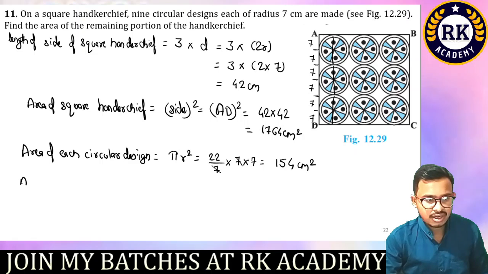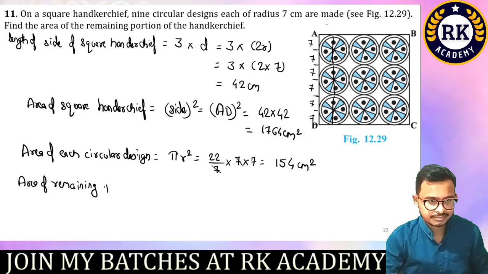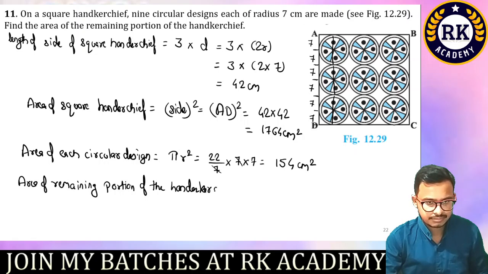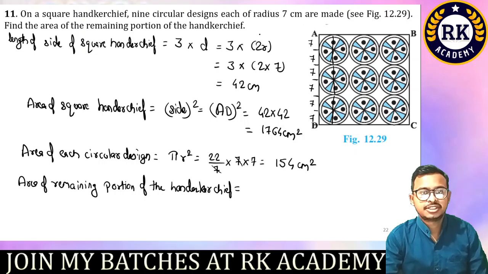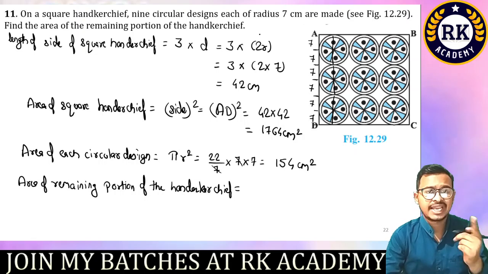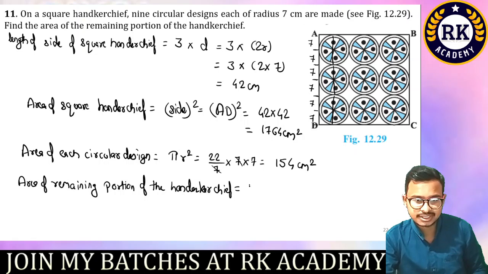Now let us say the area of the remaining portion of the handkerchief. So the leftover portion of the handkerchief means the whole area of the square minus the 9 circular regions. Let us write this formula.